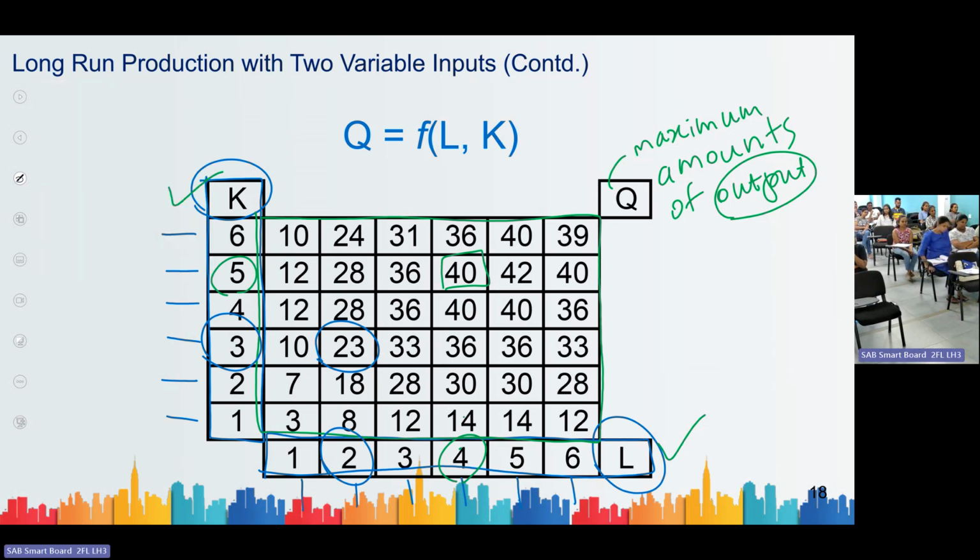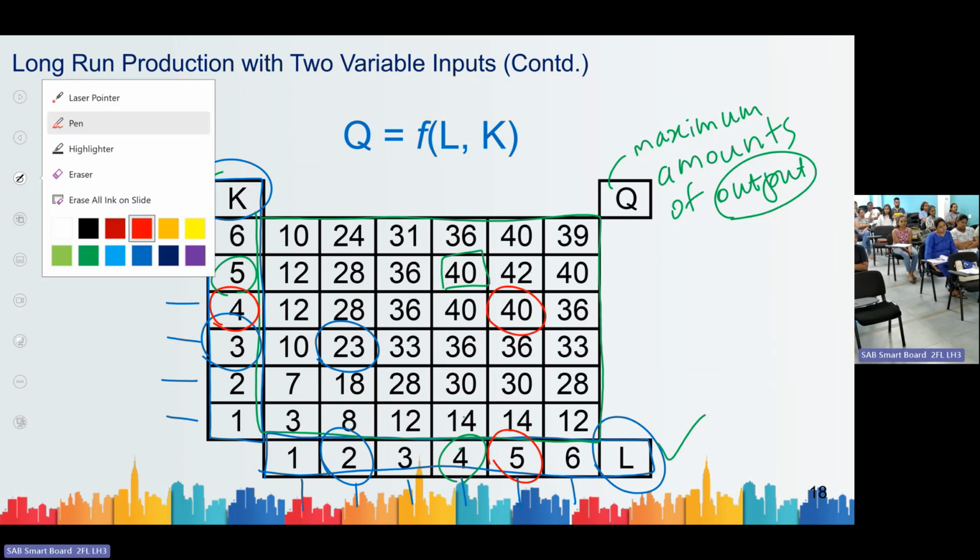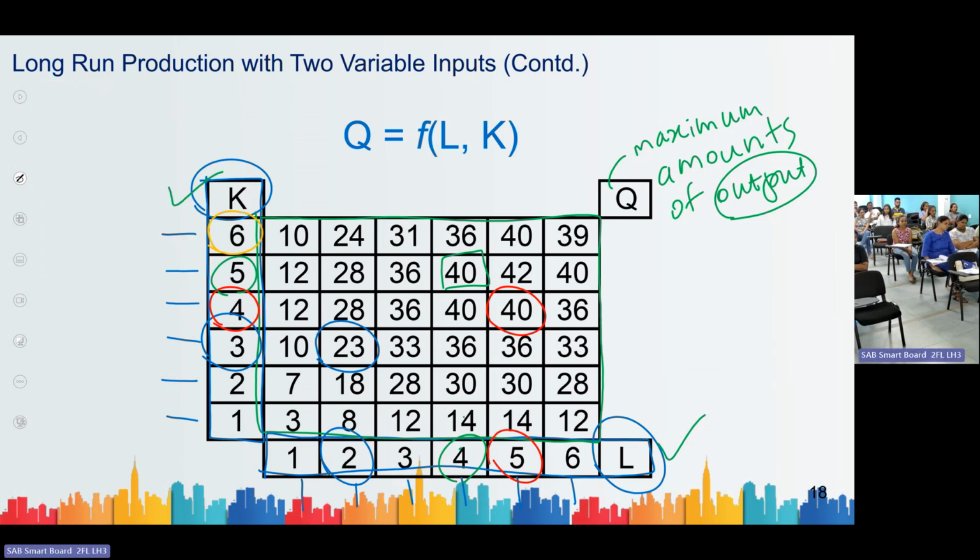If they combine 4 units of capital and 5 units of labor, how much can they produce? 40 units of output. If they utilize 6 units of capital with 6 units of labor, they can produce 39 units of output.